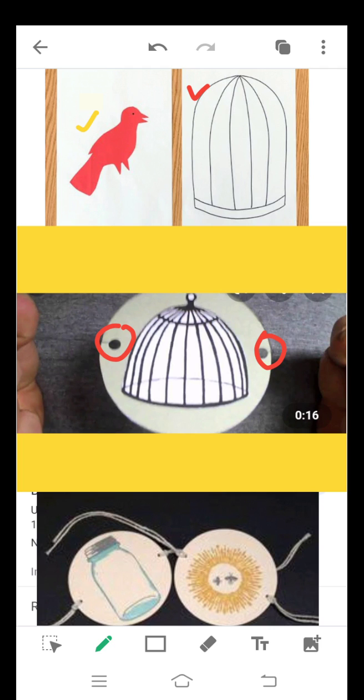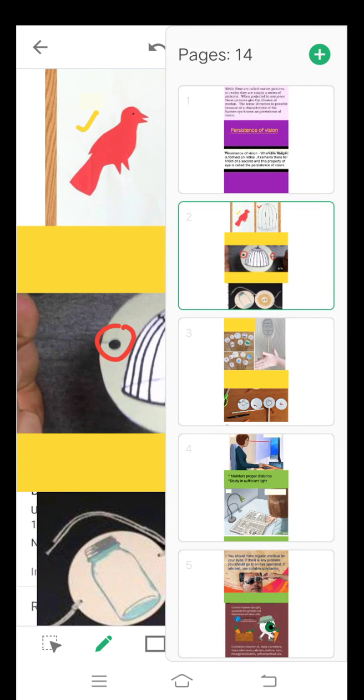So when these images are formed one after the other in rapid motion, it appears that the bird is inside the cage. Okay, so you all can try this, and this illusion is due to the characteristic of the human eye, which is known as persistence of vision. Like this, you can create different pictures and different illusions using this characteristic.